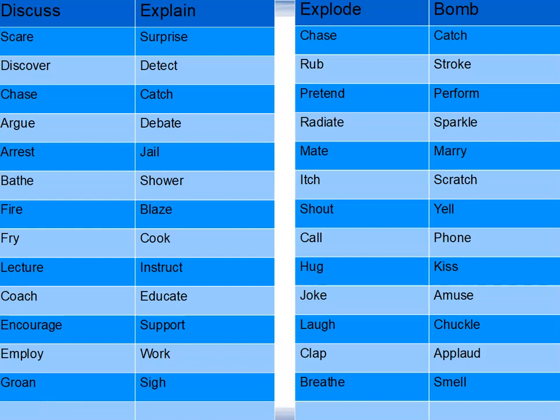I could say I stroke my head. It's kind of the same action, rubbing maybe a little bit more than stroke, which seems to me like going in one direction a little bit.